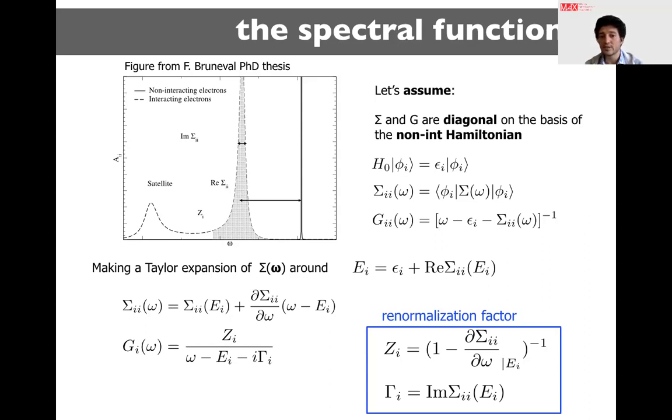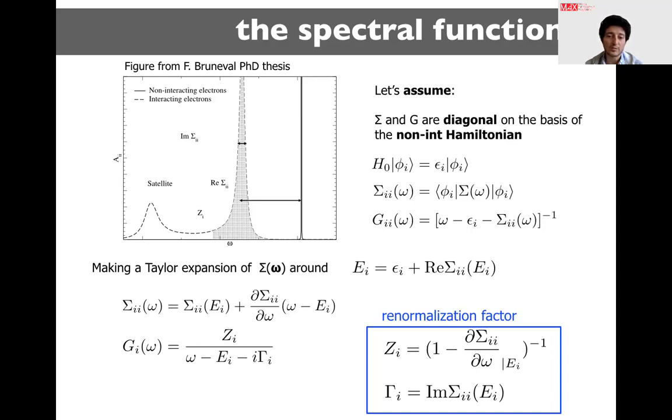And then if we do a Taylor expansion of the frequency dependence of the self-energy around this E_i energy, that is the non-interacting energy plus the real part of the self-energy, basically we can rewrite the resulting Green's function in this form here at the bottom left as the Z_i renormalization factor over a pole with a renormalized position on the real axis, but also a finite imaginary part.